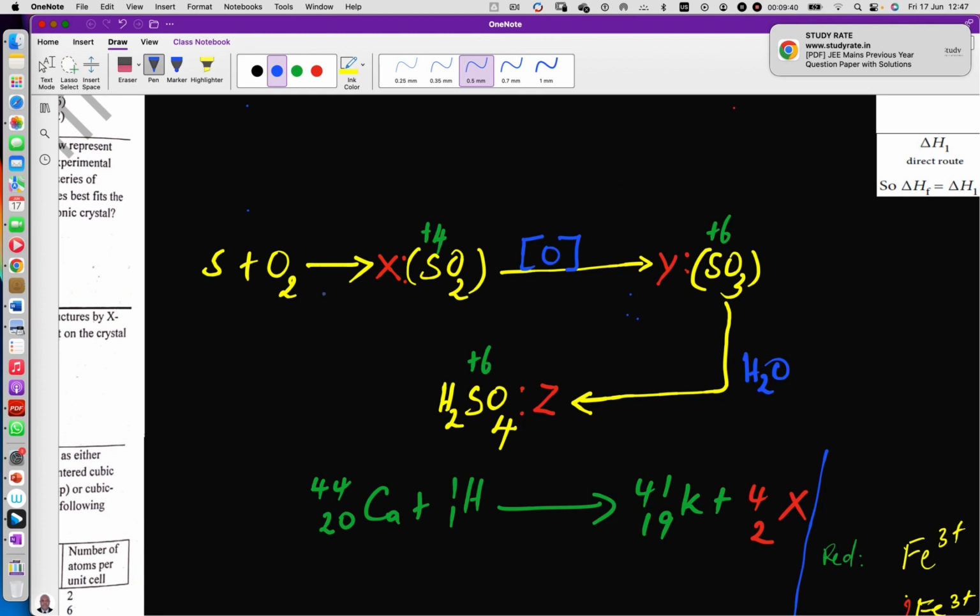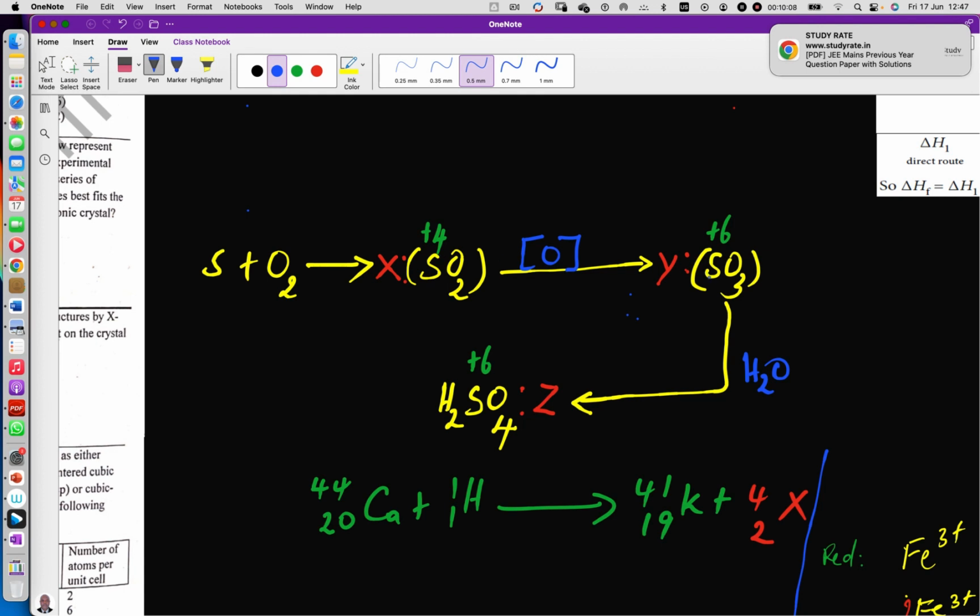So now we have X here, Y here, and Z here. Now they have asked us to calculate the oxidation state of sulfur in X, sulfur in Y, and sulfur in Z. After this calculation, the value of sulfur in sulfur dioxide is +4.